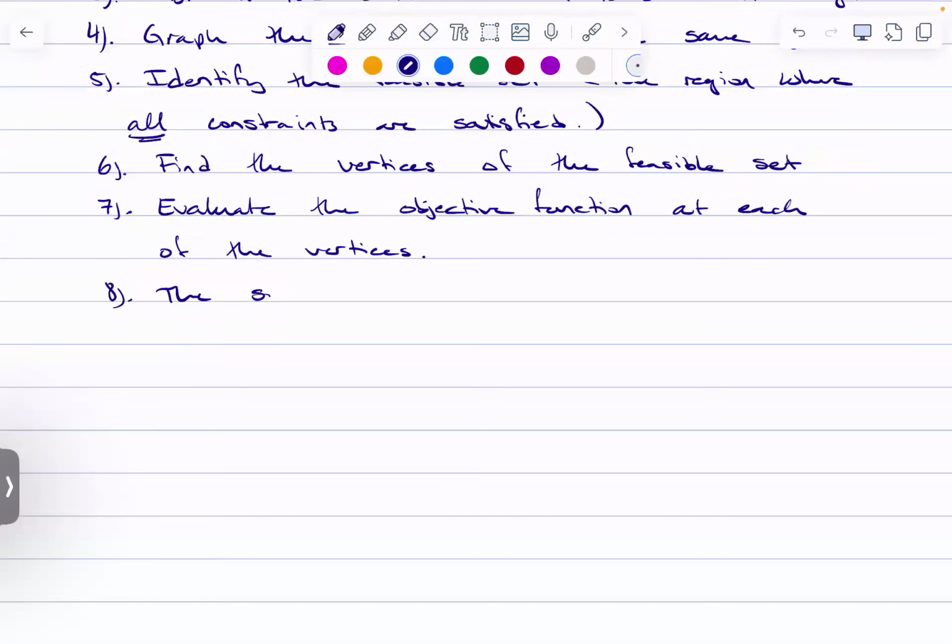I'll rephrase that. The solution is the vertex, meaning one point, one corner, right? Vertices is plural of vertex. The solution is the vertex, which I'll say generically optimizes the objective function.